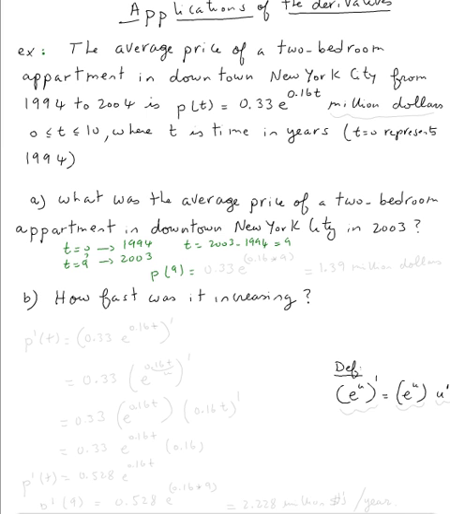So that would be 0.33 e to the 0.16 times 9. Make sure you use parentheses like this and then plug it into a calculator. You're supposed to get 1.39, but remember our P of t is in million dollars, so this will be $1.39 million.